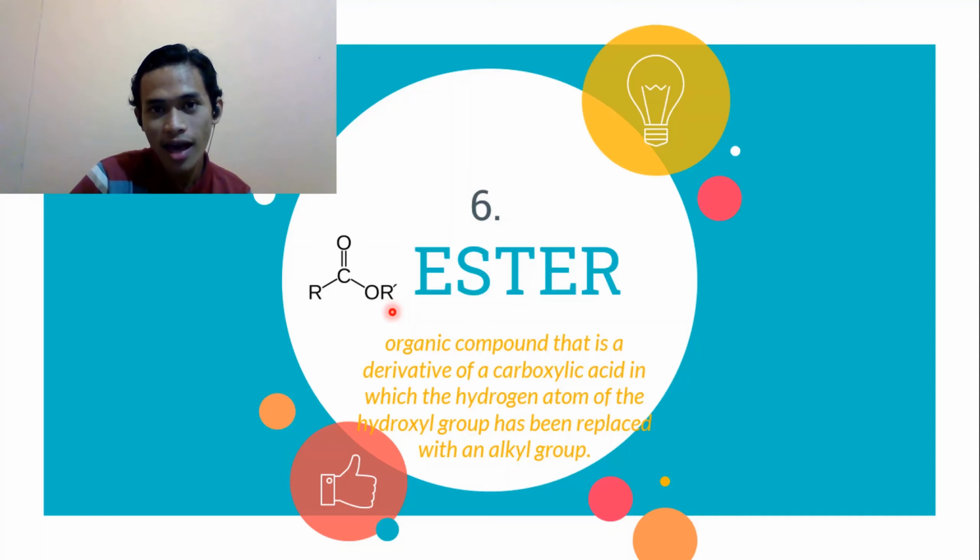Carboxylic acid and alcohol react and form an ester, and the H here is replaced by the R group, so it produces an ester. The reaction is called esterification. The COO here is the carboxyl group.